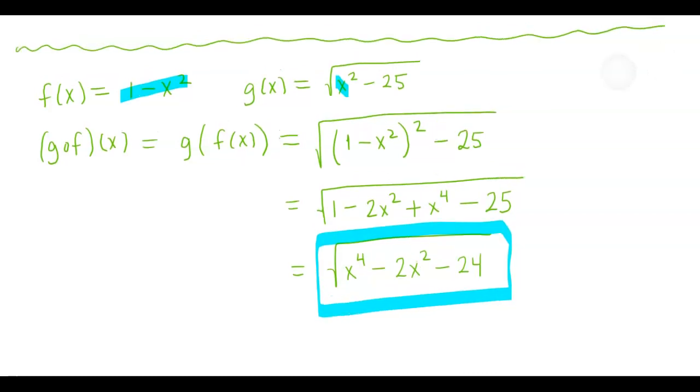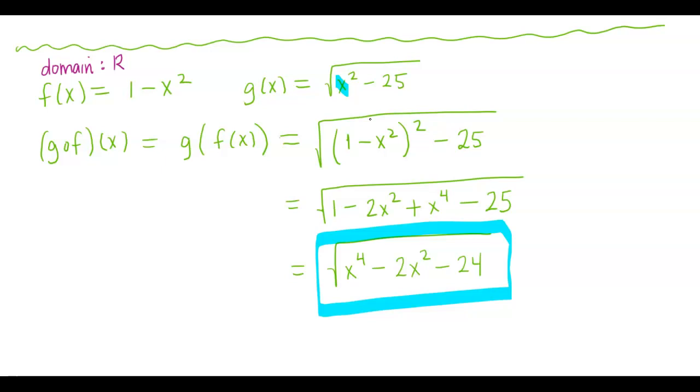So we need to look at what the domain of the function we plugged in is, which is f. And because the function f is a polynomial, there are no restrictions. Again, the domain here is all real numbers. So we just need to look at the final answer to decide what our overall domain is for the function.